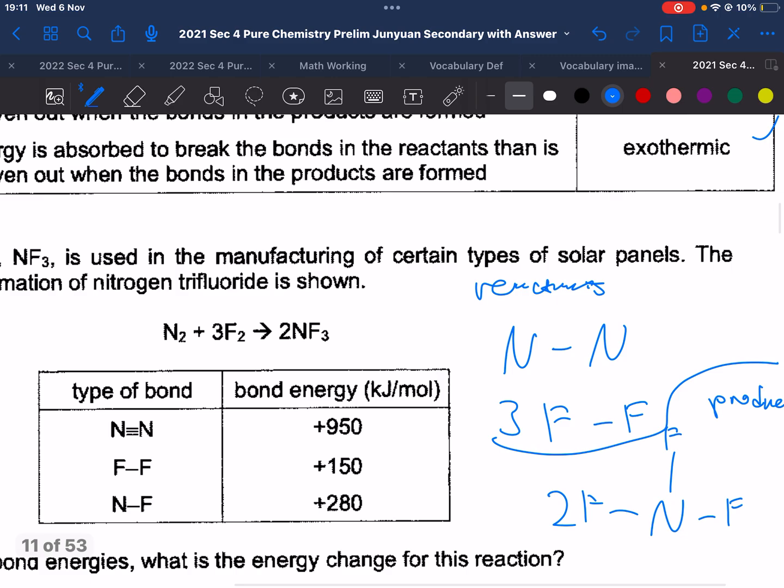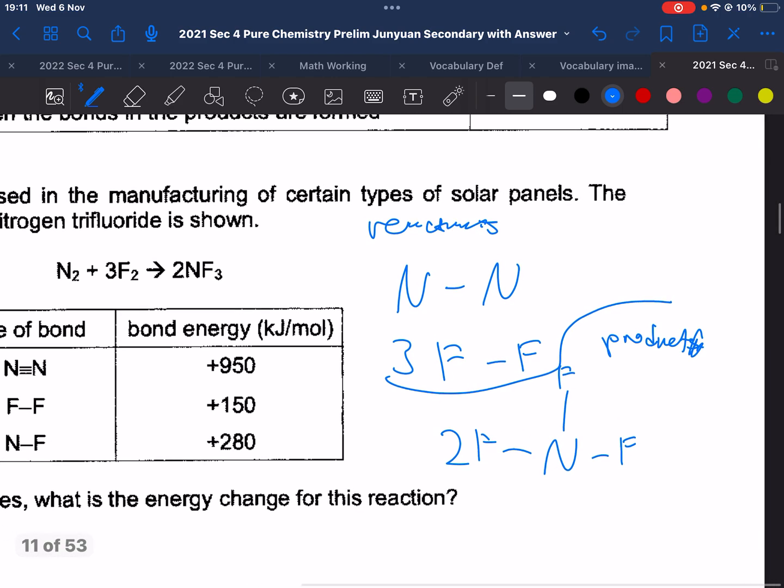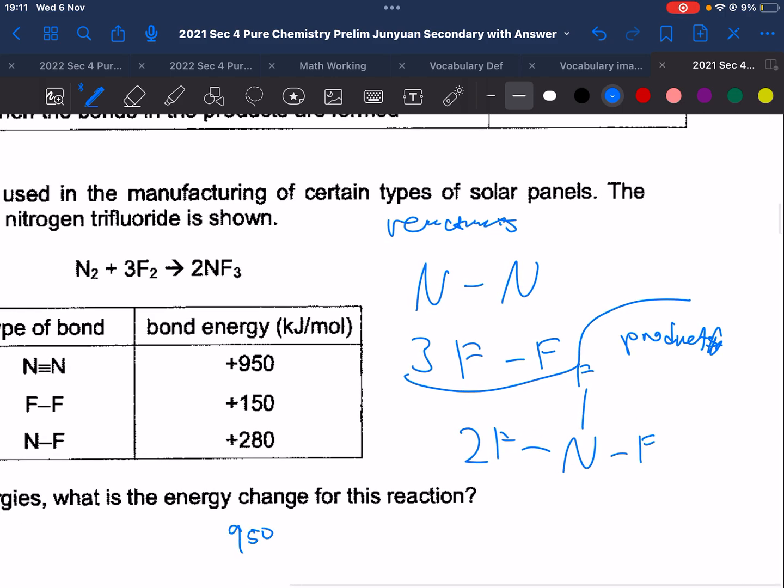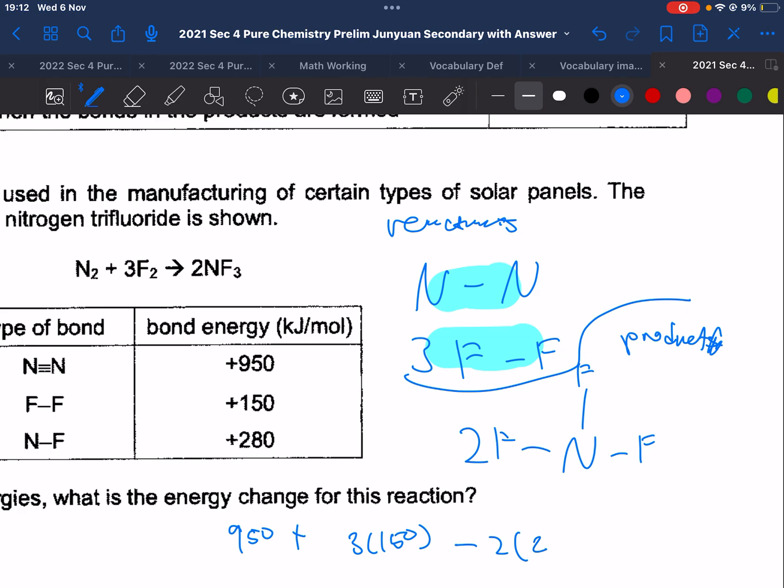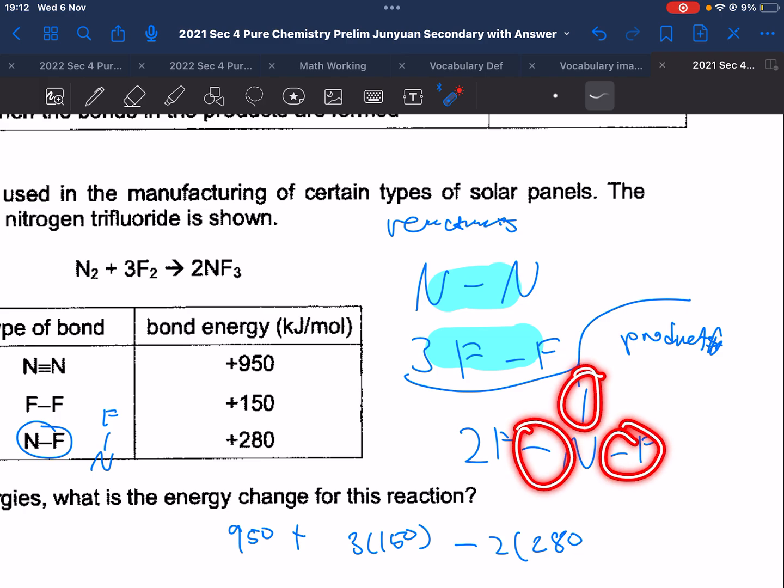So to add it up, you will get 950, which is from this. Then we will get 3 times 150 to cover this, minus 2 times 280. Remember, this is actually just for a single NF bond, nitrogen fluoride bond. How many? 1 bond, 2 bonds, 3 bonds.